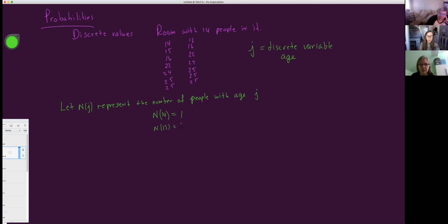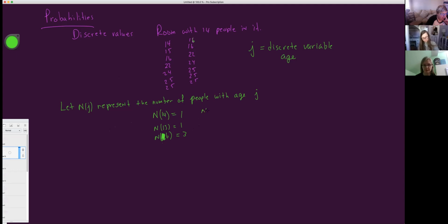Also 1. N of 16. Ah, 2. Or is it 3? 1, 2, 3. It's 3. Oh, I missed one. There's a 16 up there, yeah. Oh, it looked like a 12-year-old.